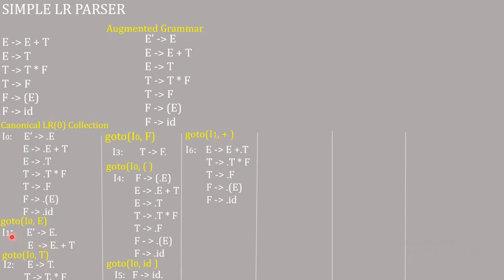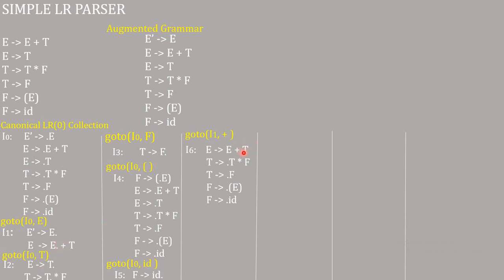Because in I1 we have the rule E tends to E dot plus T, and we are going to shift the dot symbol after the plus symbol. That's why it is I1 comma plus. Once we shift the dot after plus, we get E tends to E plus dot T.